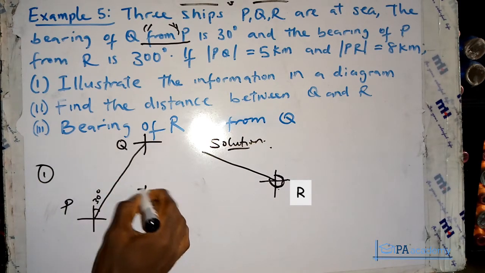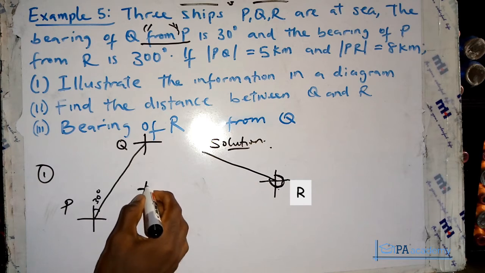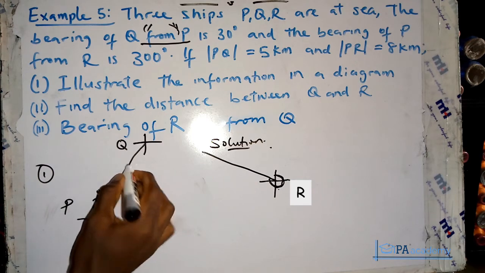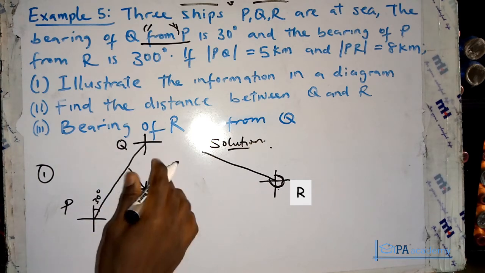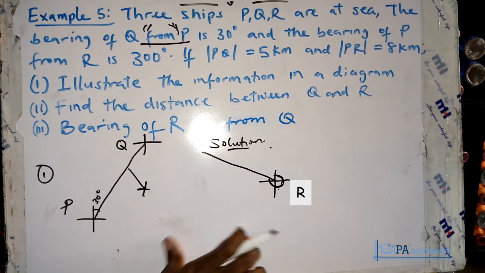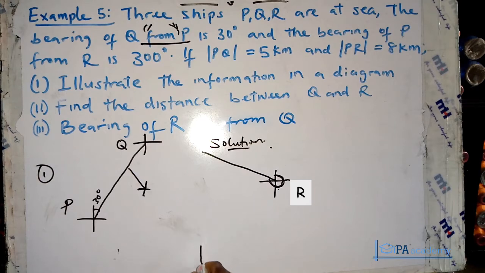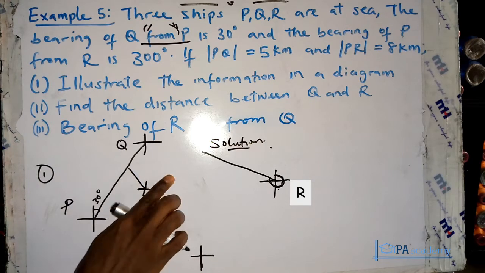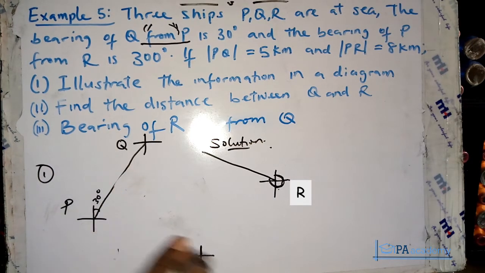We cannot have it here, because it will be like this and it's not meeting P. So we are going to come down to somewhere like this. Let's make it a bit far, because the distance here is 8. So we come down to a distance like this, not here. I believe that is clear.